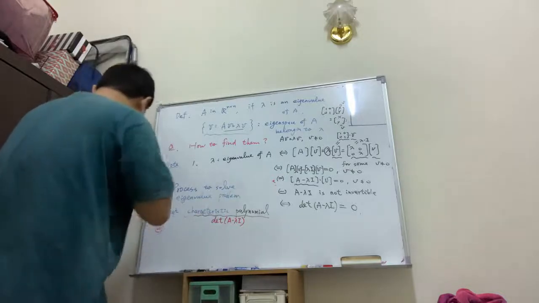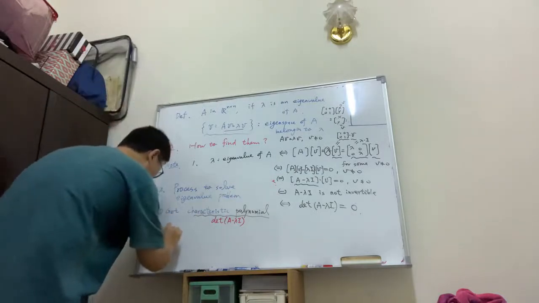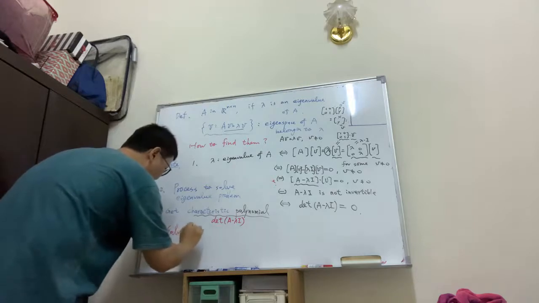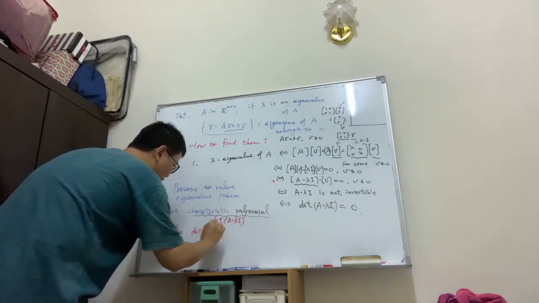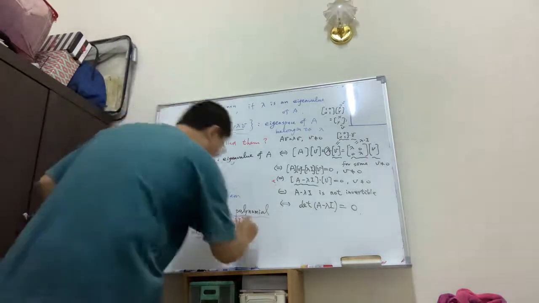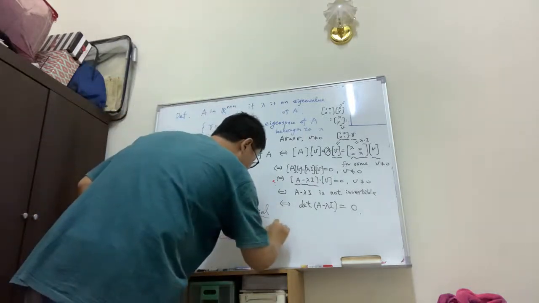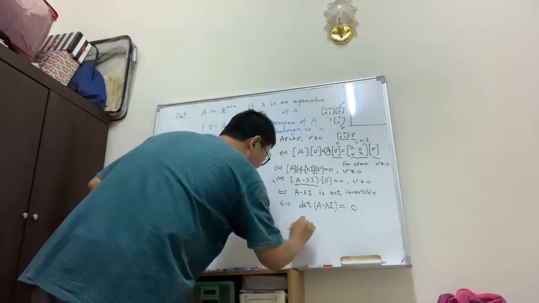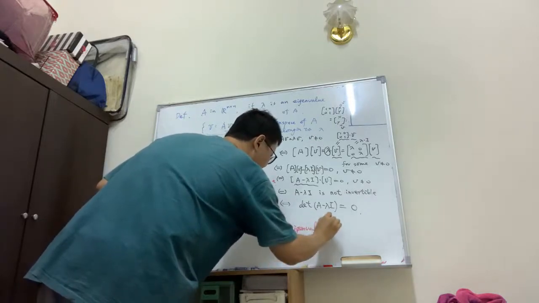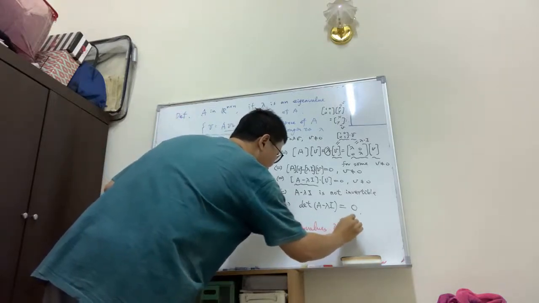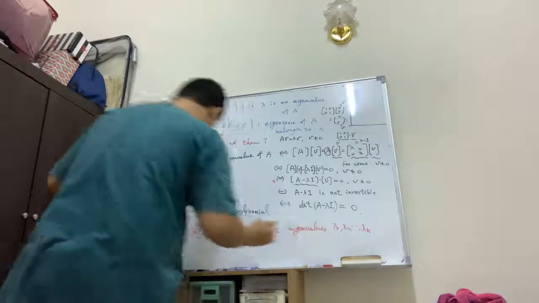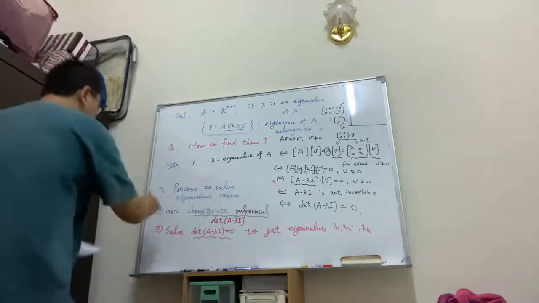Second step, solve the equation. Solve determinant of A subtract lambda I equals 0. Solve this equation to get the eigenvalues lambda 1, lambda 2, up to lambda k. Here A is an n by n matrix.